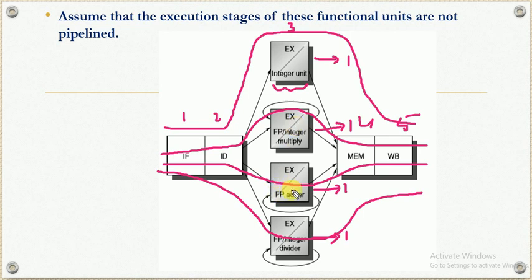Similarly, when we do some floating point addition, it will also take more clock cycles to complete its task by repeating the same execution stage for more than one clock cycle. And for the division also, it will do the same procedure. It may not be completed within a single clock cycle. It will be repeated for more than one clock cycle.